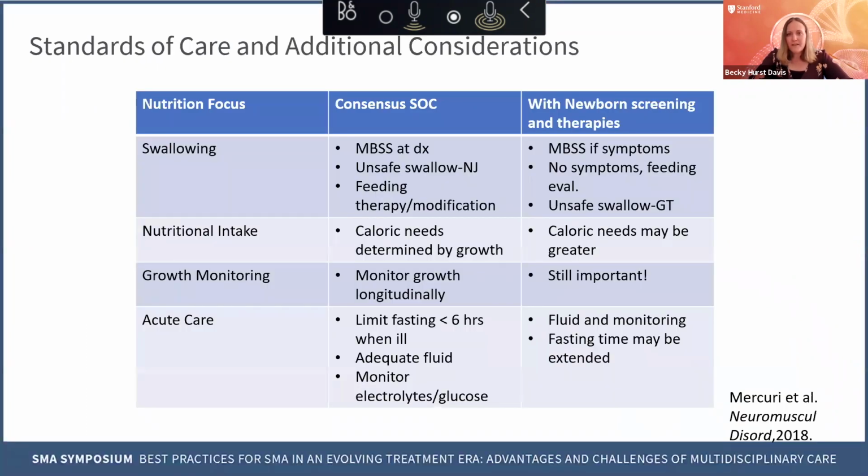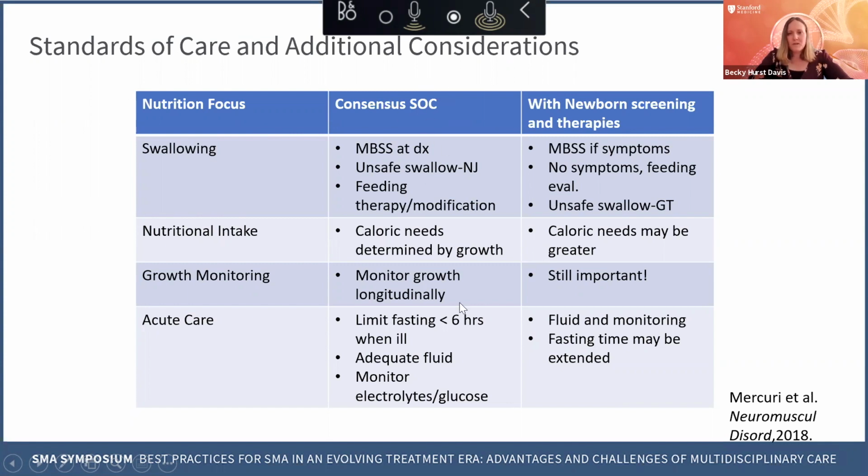So first of all, going into our standards of care. This middle column right here is what was outlined for non-sitters in the consensus standard of care that was published in 2018. And I do want to note that, as many of you are probably aware, this consensus statement came out before FDA approval of Spinraza.